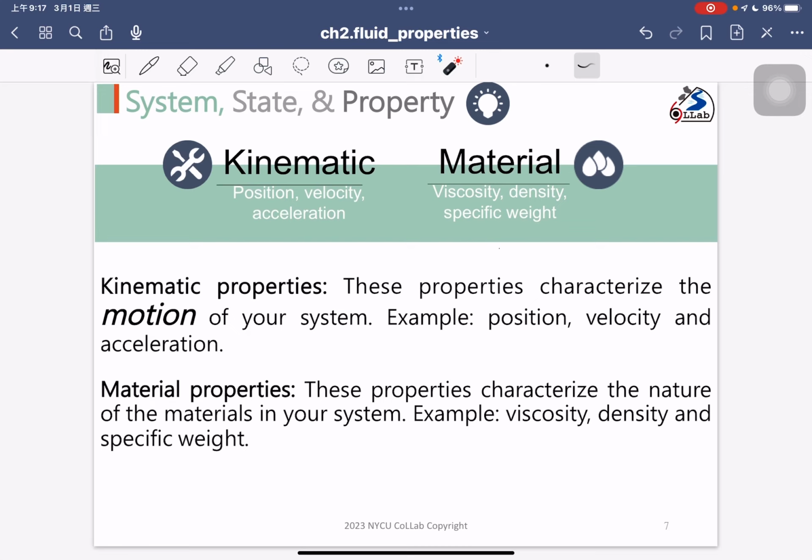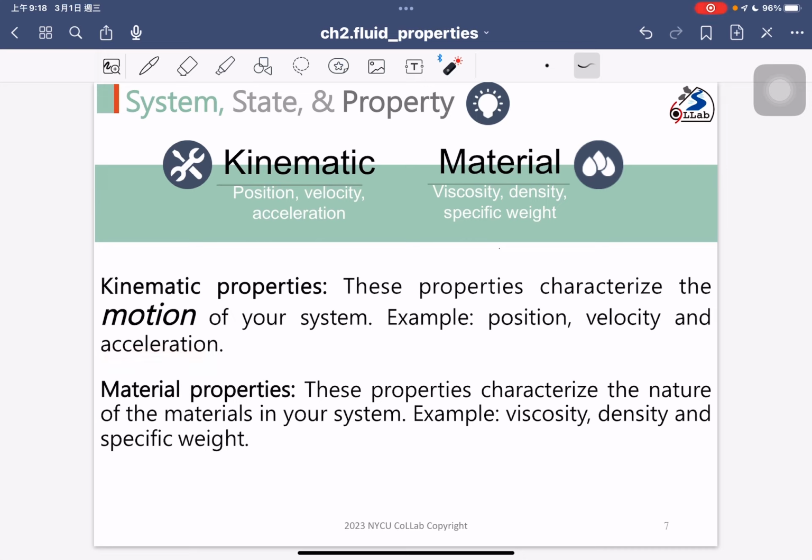As the sentence shows here, the kinematic property characterizes the motions of the system. It's a very simple idea that all of the kinematic properties are related to the position, velocity, and acceleration.